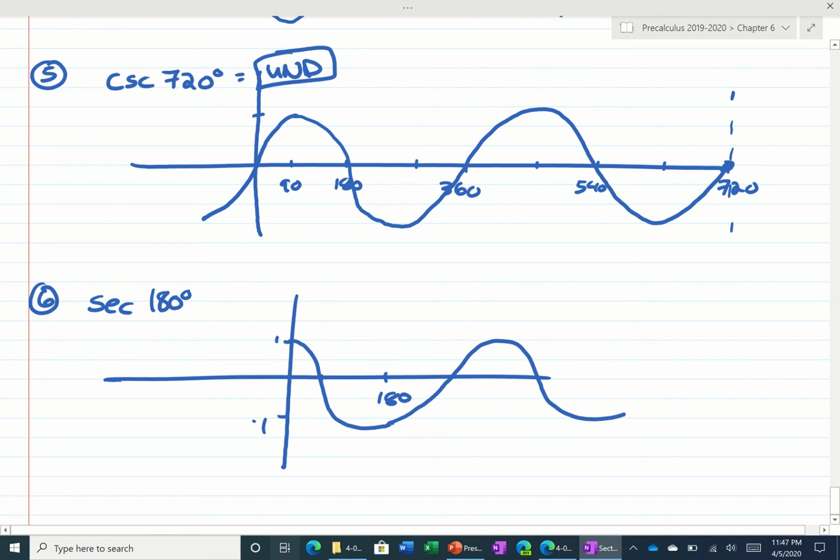Just something like that. So if cosine of 180 is negative 1, secant of 180 would be 1 over negative 1. That's what the graph of secant would look like. So secant of 180 would be negative 1. Okay.